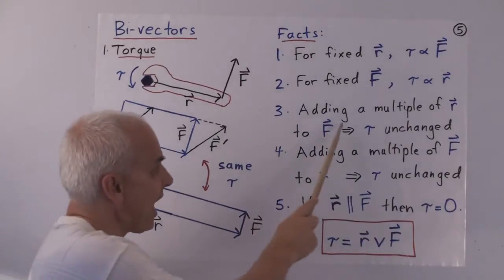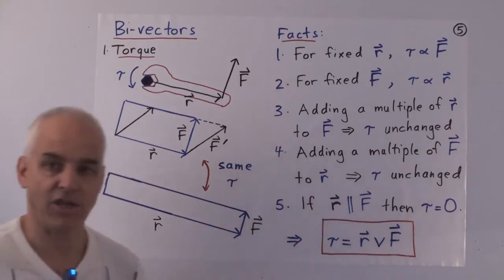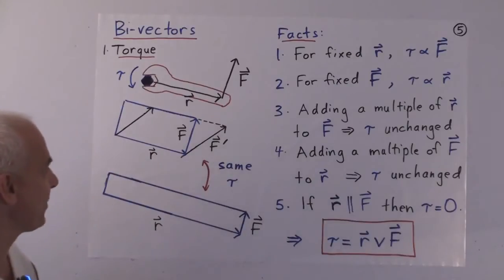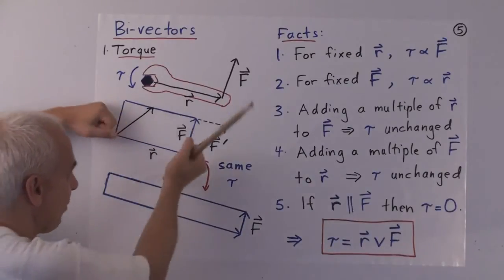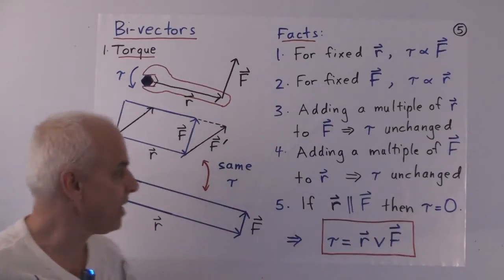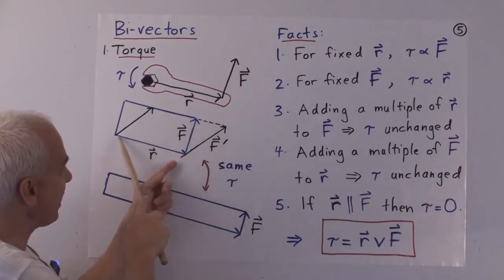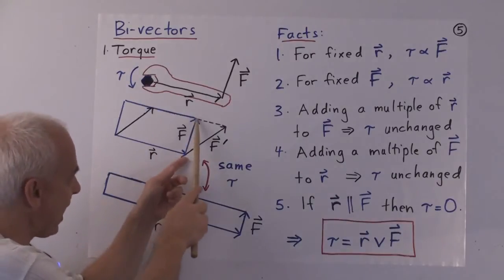Another fact is that adding a multiple of R to F leaves the torque unchanged. That's a very important idea, so let's make sure we understand that. So here's R and here's F. In this case, F is being applied perpendicularly to the wrench, which is the obvious thing to do. But suppose that you decide to change the force by adding a multiple of R to it. So there's the direction R, so we add that multiple.